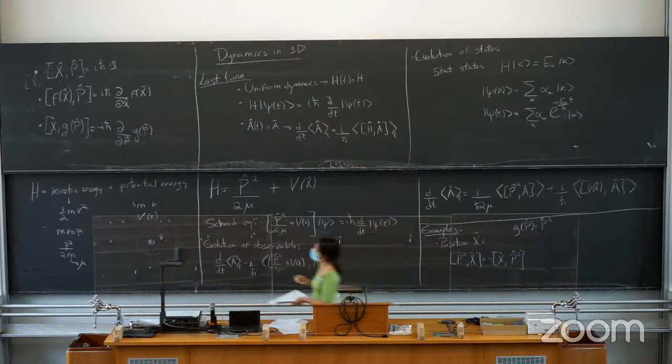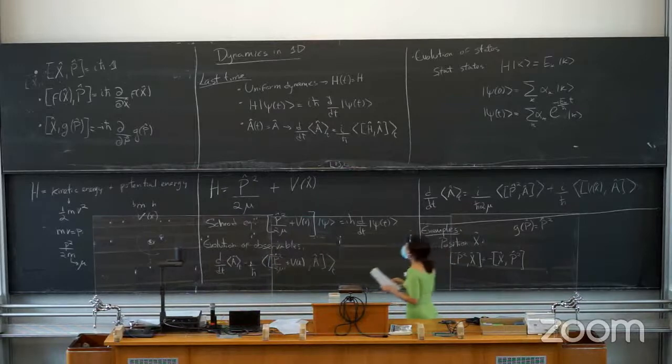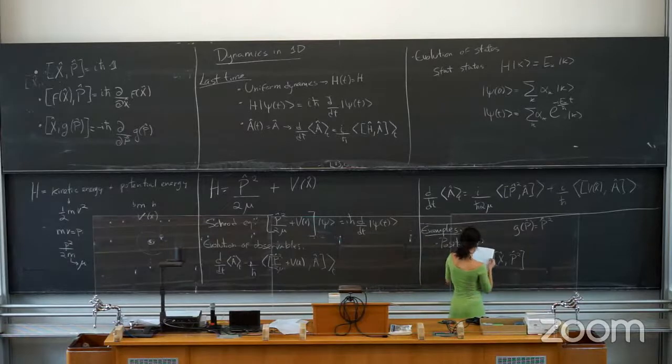So then the solution is minus iħ, d/dp of this function p squared.